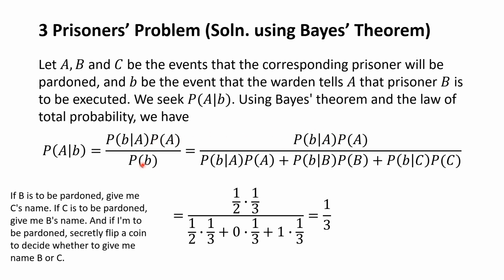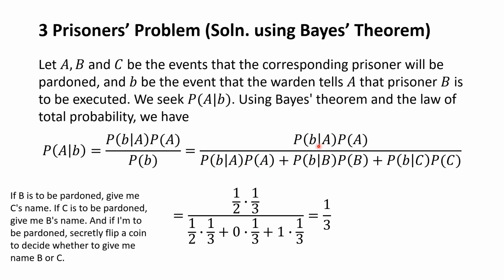And the bottom, we don't know the probability of this, but we can break it up into three different events which are mutually exclusive. Either A is being pardoned and the warden gives the information b, or B is being pardoned, or C is being pardoned. So there's three mutually exclusive events, and we can use the law of total probability to write that out here.